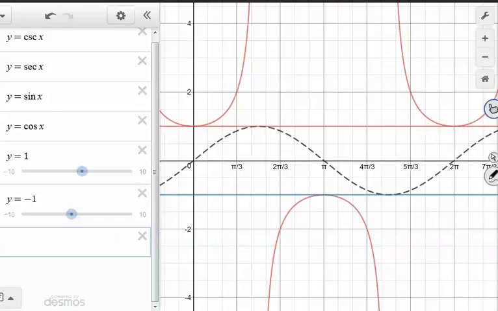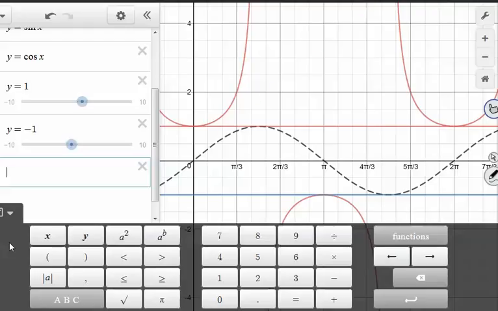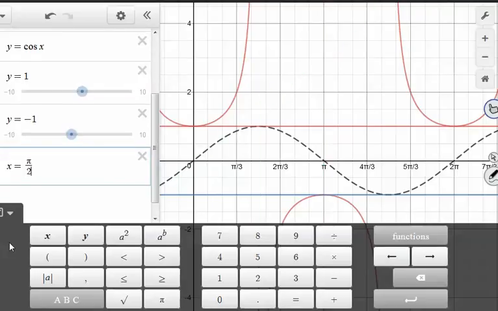If you notice, the sine function, where it is, it looks like there's a vertical asymptote right here. If I graph x equals, and it looks like it's 1 there, I'm going to go pi over 2.